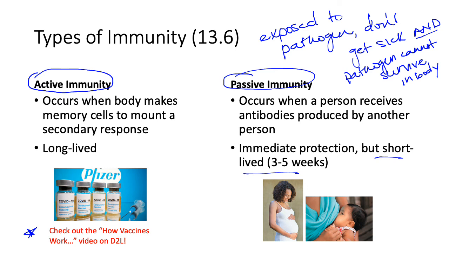So while you have this almost immediate protection in your body, it's not going to be for very long. And really, during pregnancy and breastfeeding are the only times we see this passive immunity occurring. All right, so that is the immune system in a nutshell.